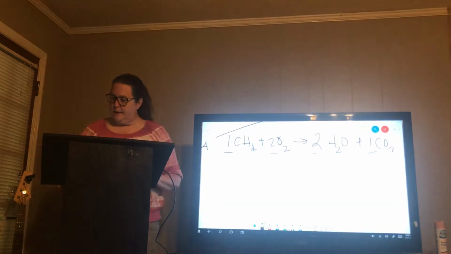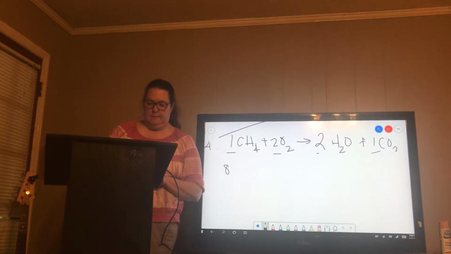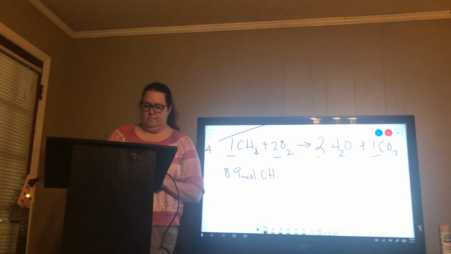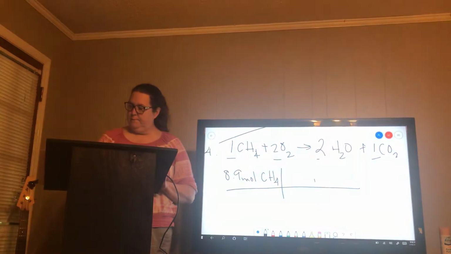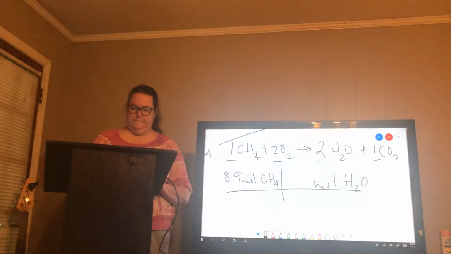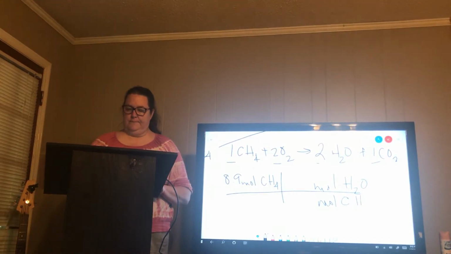Okay, so it's asking me if I have 8.9 moles of methane. Okay, it's one to know how many moles of water. Okay, I know I gotta get rid of the moles of methane.